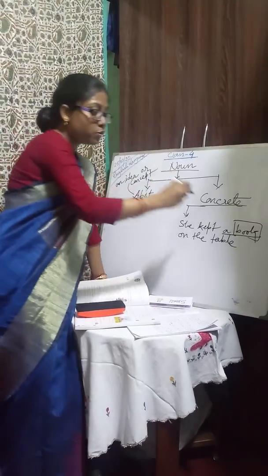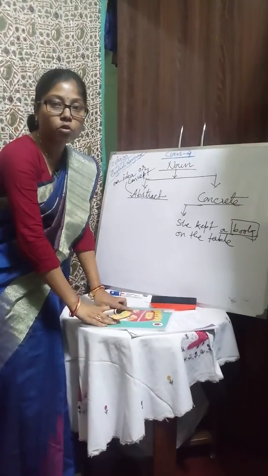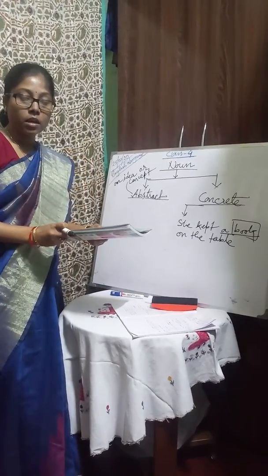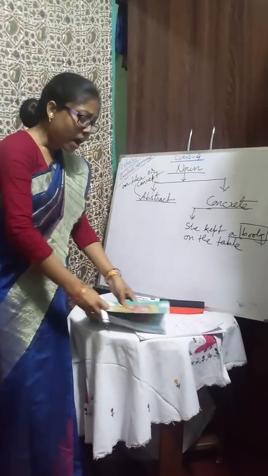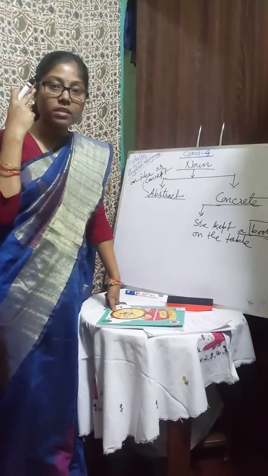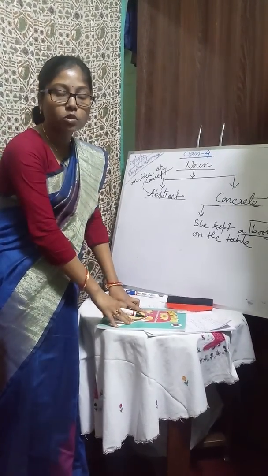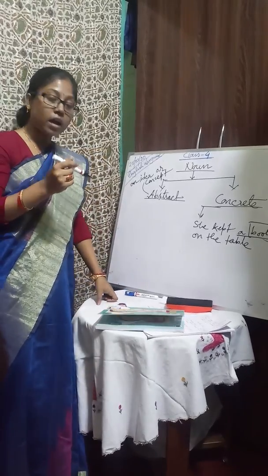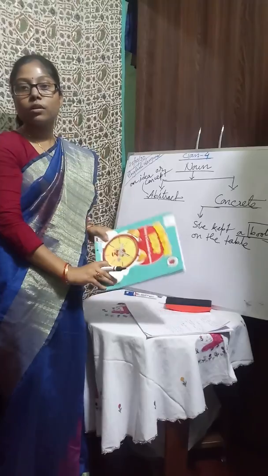Because if this book is kept on the table, I can touch it, and I can see what is written here, grammar and so on. So I can use my two senses here: one is the eye, to see, and the other, touch. So it is clear that it is a concrete noun.